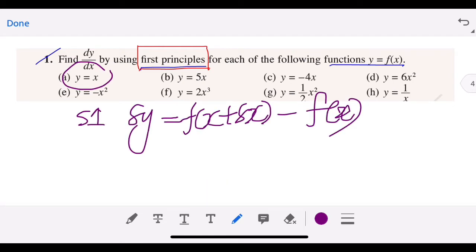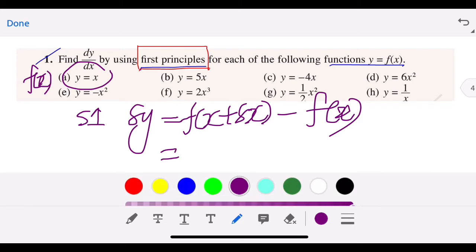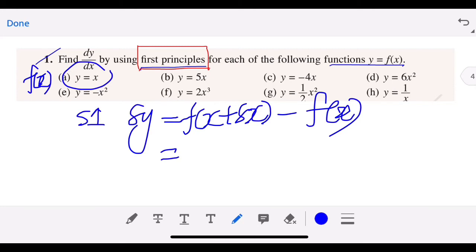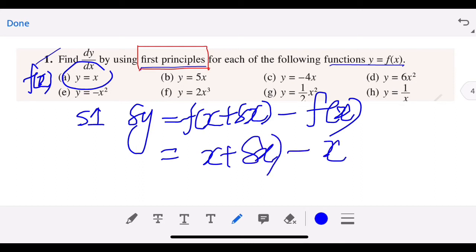So we are going to substitute the function. Actually y is the fx equal to x, right? So we substitute directly. Our fx is x, so it's x plus delta x minus x. This is how you get it: you substitute x plus delta x into the function.